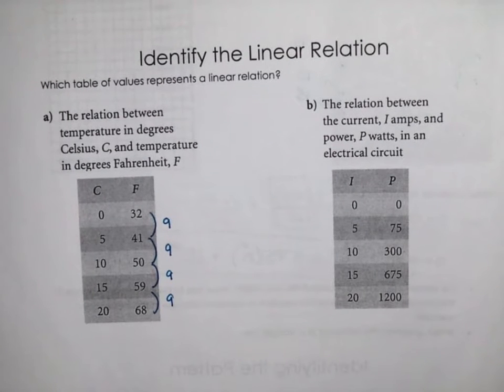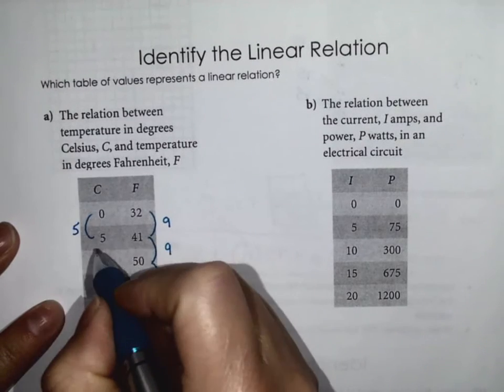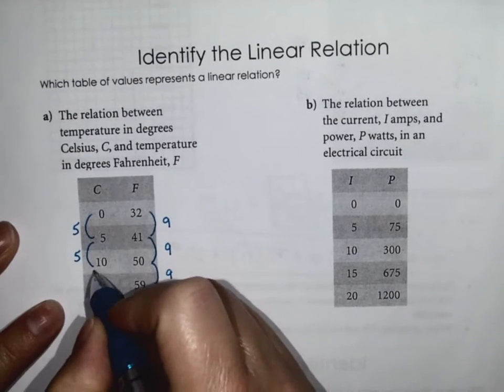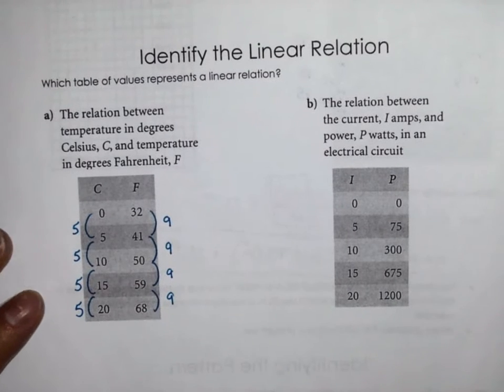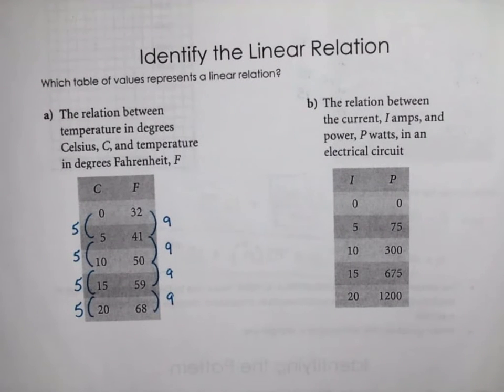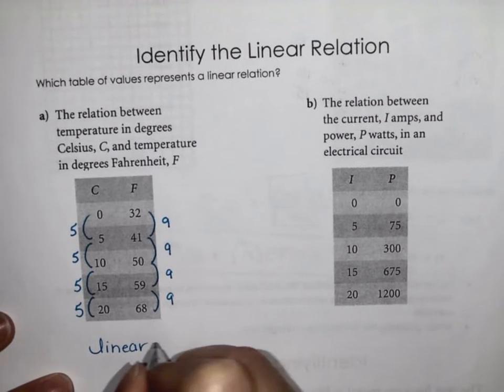We have to make sure there's a pattern on the other side as well, though. So this goes up by 5s. This goes up by 5s. This goes up by 5s. And that goes up by 5s. Is there a consistent pattern? The answer is yes. There is a consistent pattern here. So if there's a consistent pattern in both your independent and dependent variables, this is a linear relation.